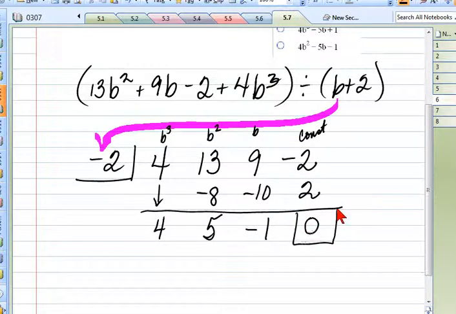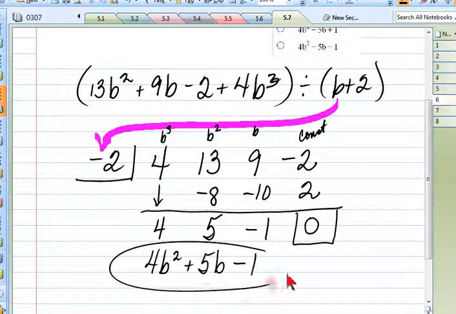And that's my remainder. Since the original dividend started as a b to the third, what will the answer start as? B squared. So it'll be 4b squared plus 5b minus 1, and there is no remainder this time.